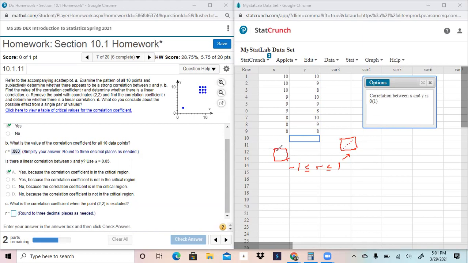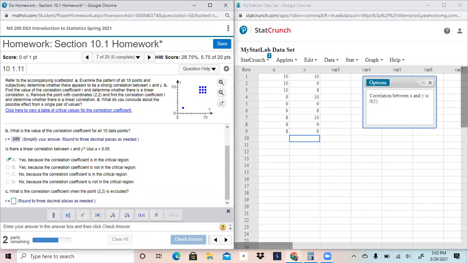At -1, you've got a straight, perfect line going down. At 0, there is no correlation, which means they're just all over the place. So if we only had these points, how would you know where to draw a correlation line? You could draw it like this, or this, or this, or this, and it would all be just as valid. So there's basically no correlation going on here.